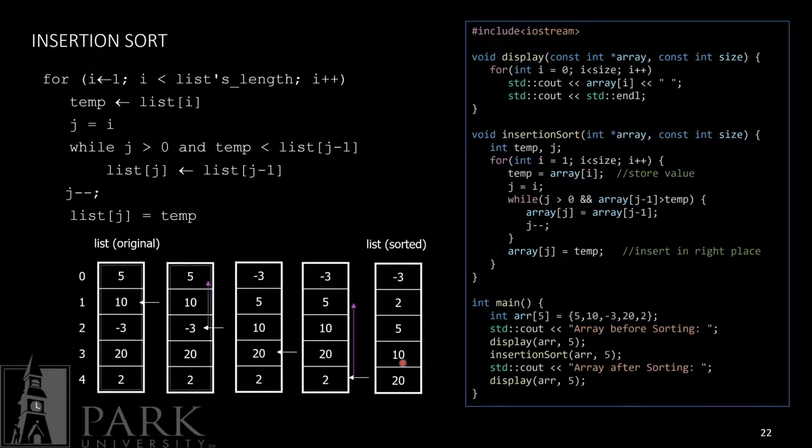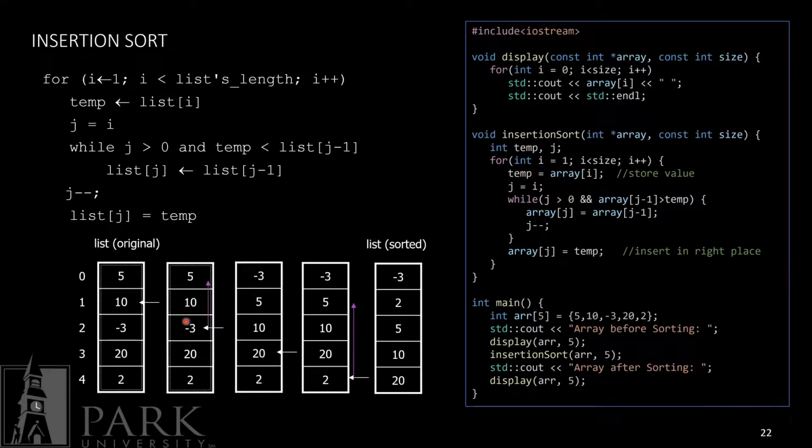And then we're going to work our way backwards through the array and shift things down, right? So while j is greater than 0, so while we are somewhere after the front of the array, and the array element at the position before us is greater than our value, right?